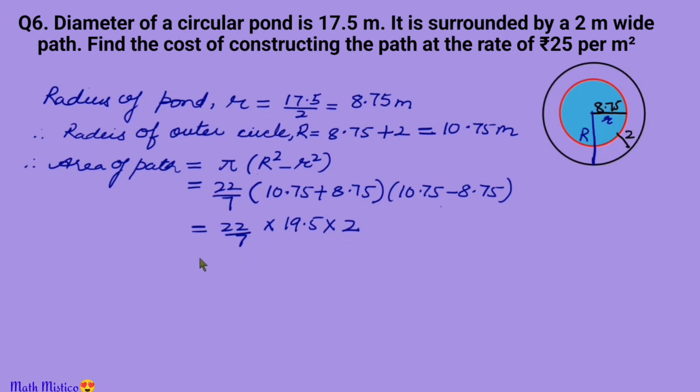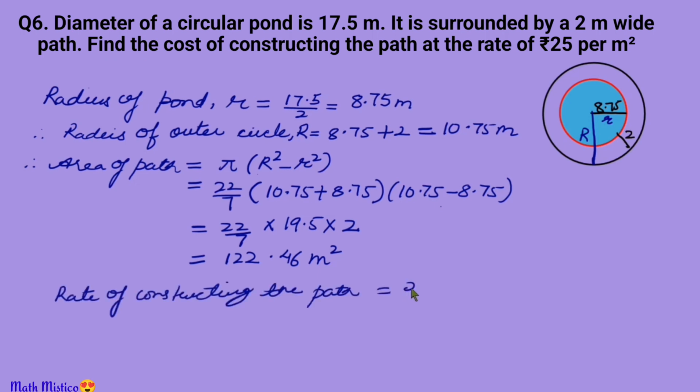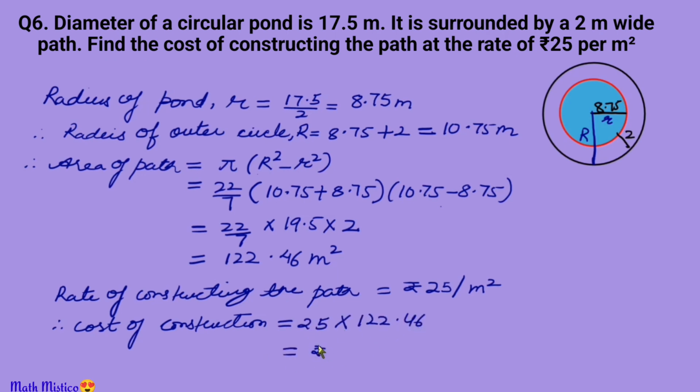Simplifying further, we get area of path 122.46 meters square. Now that we know the area, we can find the cost of construction. Rate of constructing is given rupees 25 per meter square. Therefore, the cost of constructing the path will be 25 into 122.46, which comes out to be rupees 3061.50.